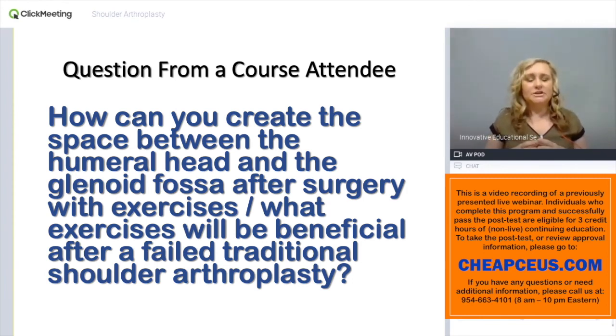In terms of if a patient presents with rotator cuff arthropathy, where they've had that acetabularization, that wearing away of the undersurface of the acromion, the physician is going to determine if that patient has an intact rotator cuff or not, and then that's going to help guide his decision if that patient should undergo a traditional shoulder replacement, a total shoulder arthroplasty that just restores the anatomic design, and the patient's intact rotator cuff will control the translation, or go with the reverse design if he feels the patient does not have an intact rotator cuff.